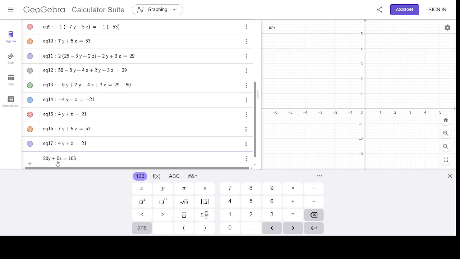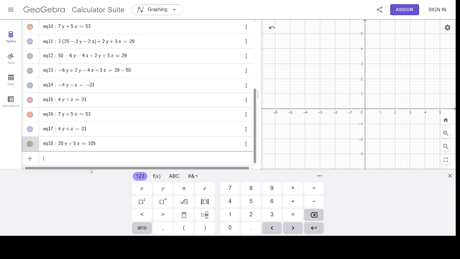Okay, the idea is to make z have a common factor, in this case it is 5. Look at equation 16 and look at equation 18. Now it will be easy for us to eliminate z.